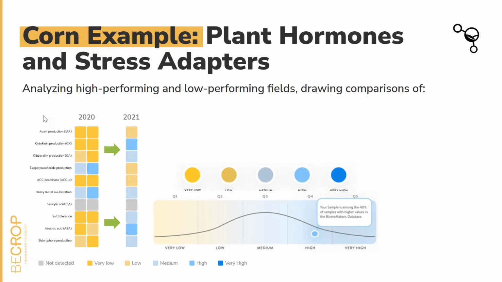So in our reports, we're also looking at the auxin production, cytokinin, gibberellin, and different metabolites and stress hormones as well. So in this scenario, we had low biological pathways for some of our major nutrients, and we also have low biological activity to support growth hormones as well as stress adaptation.